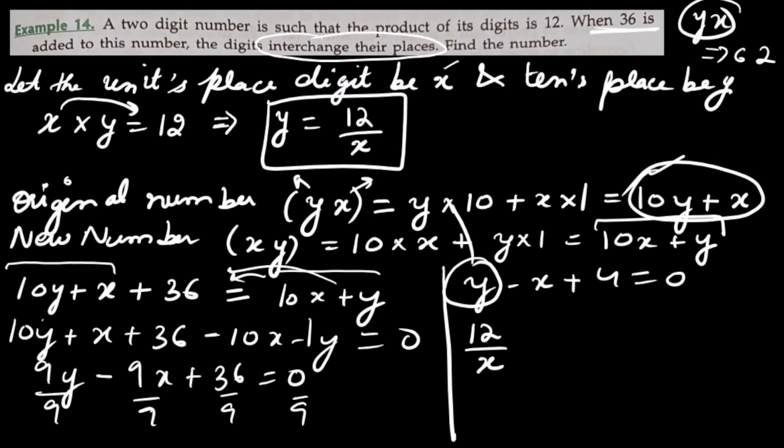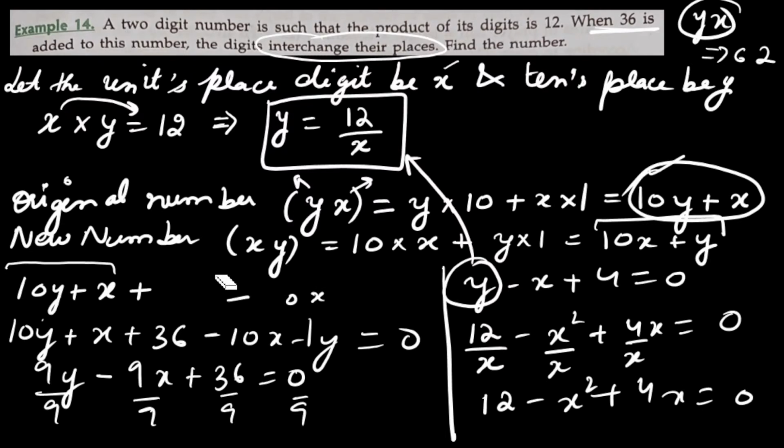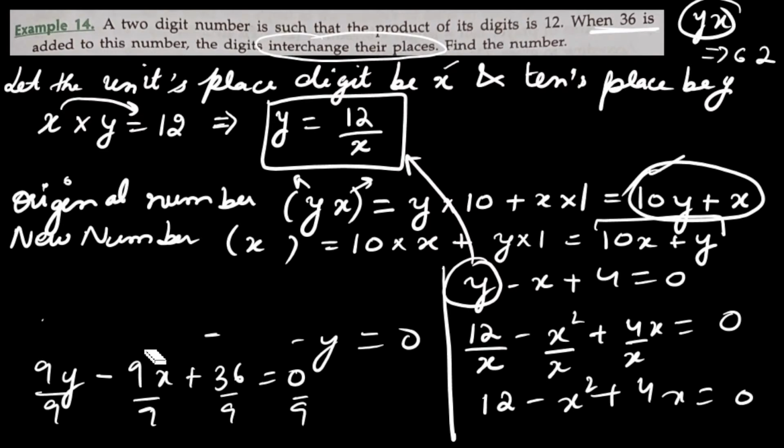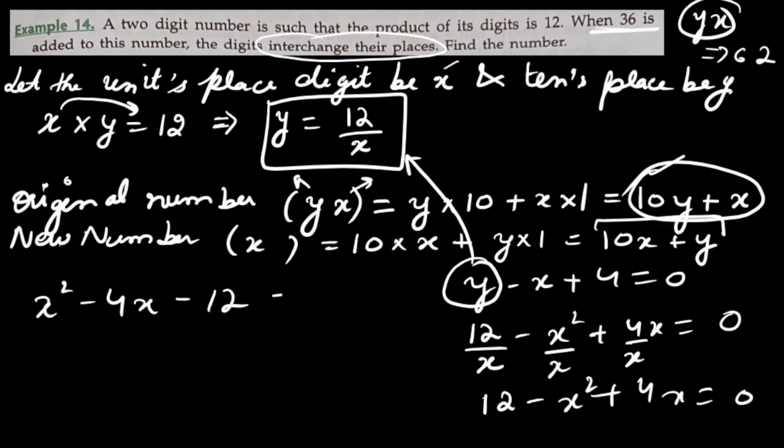At the place of y, I am substituting 12 by x: 12 by x minus x plus 4 is equal to 0. Here we multiply by x up and down to make the denominator the same. So the required equation is 12 minus x square plus 4x is equal to 0. After multiplying by minus, the equation becomes x square minus 4x minus 12 is equal to 0. This is the required equation.